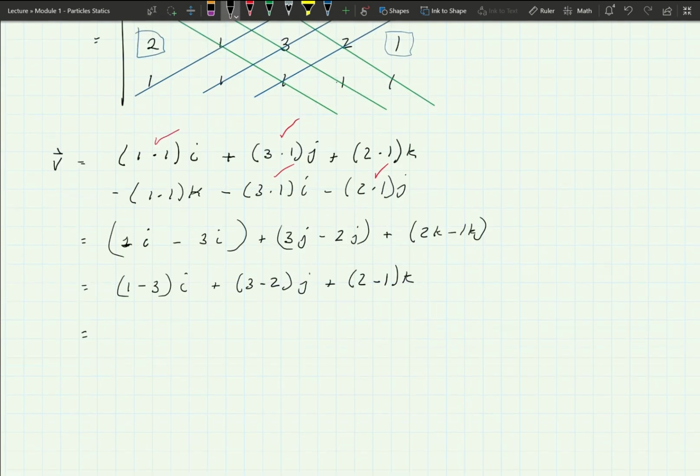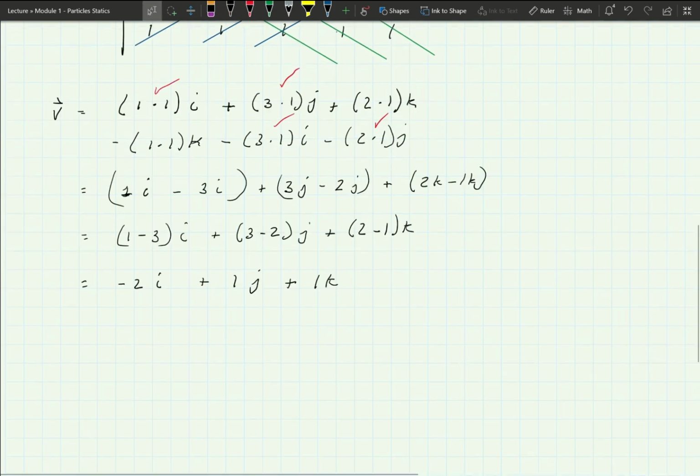And we're going to get this: negative 2i plus 1j plus 1k. And we are going to see the final answer that should look something like this: minus 2i plus j plus k. And that's the answer.